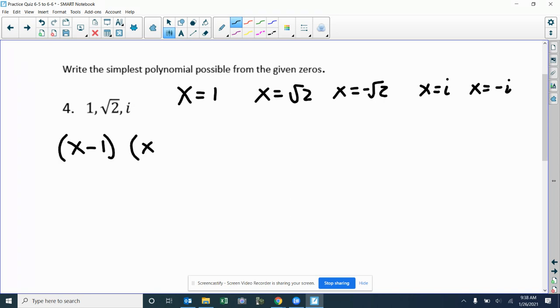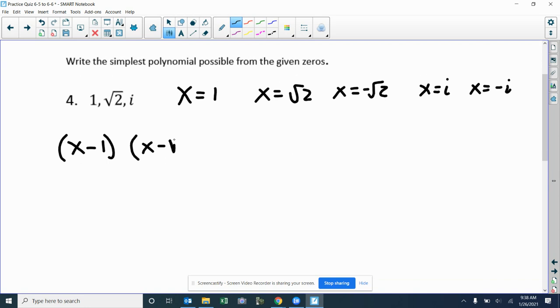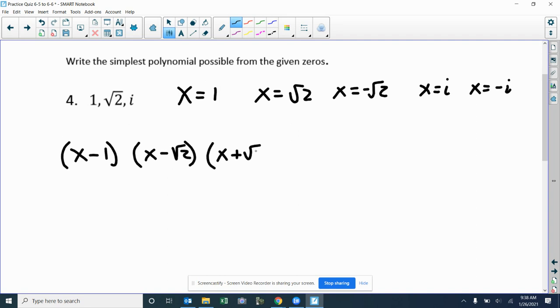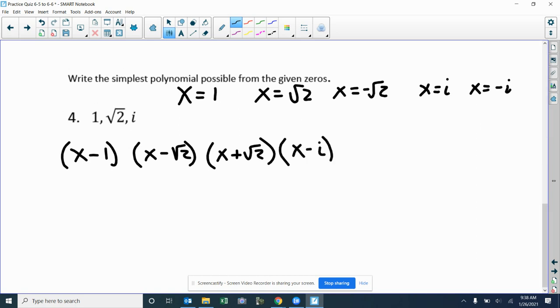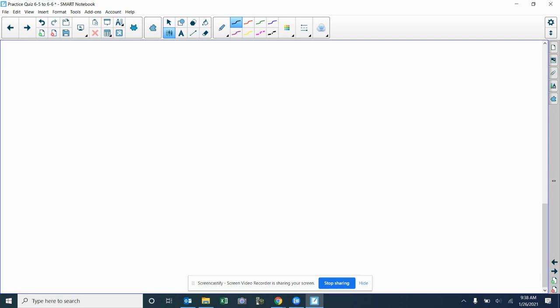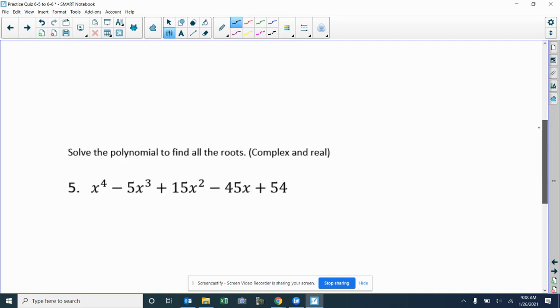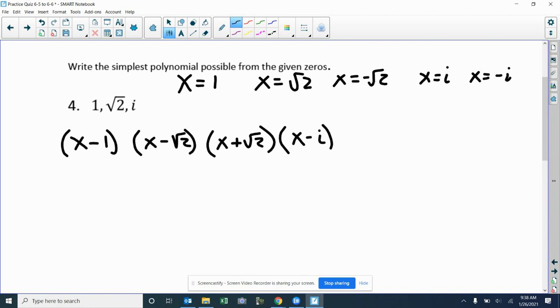Bringing that over, it's going to be x minus square root of 2. We're going to have x plus the square root of 2. And we're going to have x minus i. And we're going to have x plus i. Let's see if we can lock this one in.